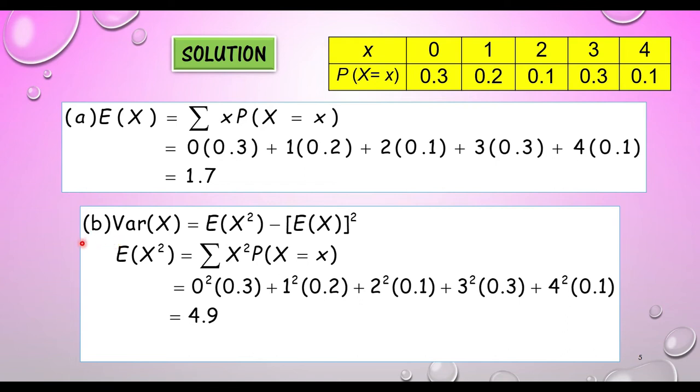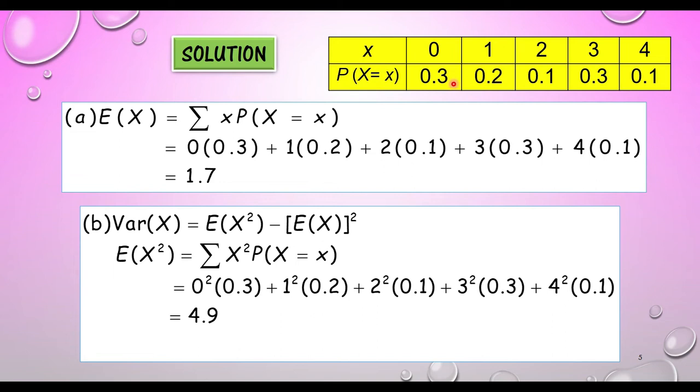B. What is the variance of X? The formula for variance is given as the expected value of X squared minus the expected value of X, squared. So the expected value of X squared is given as: you need to square 0 here, then multiply with 0.3.